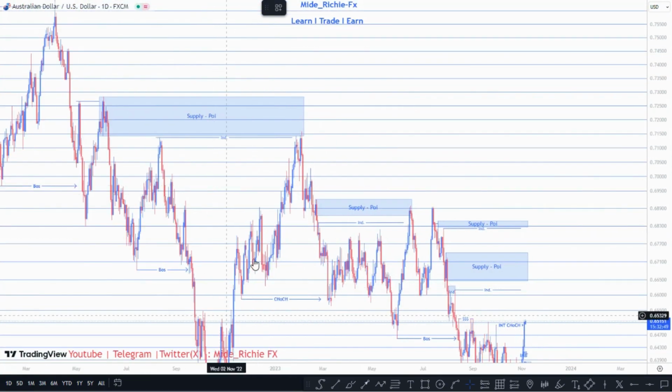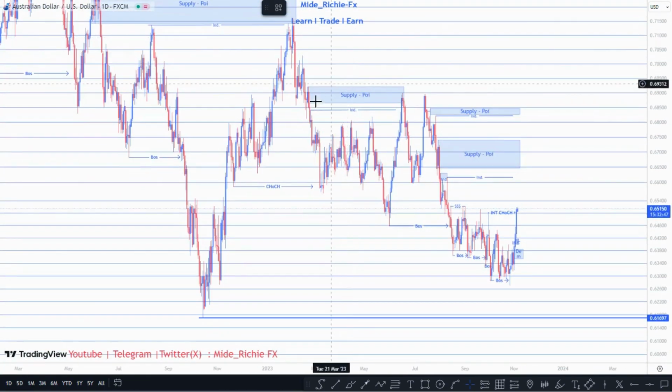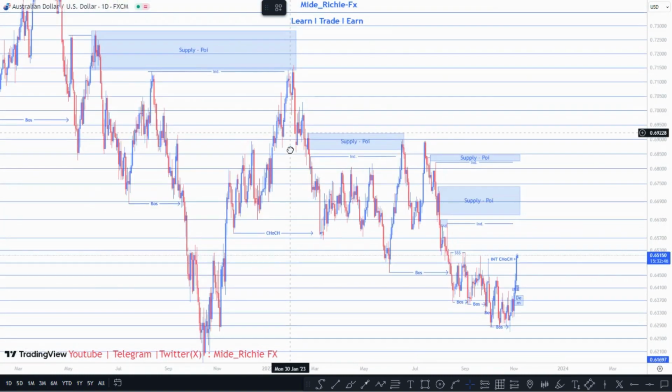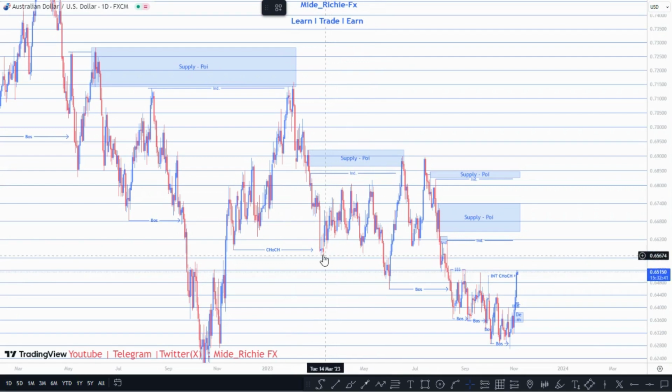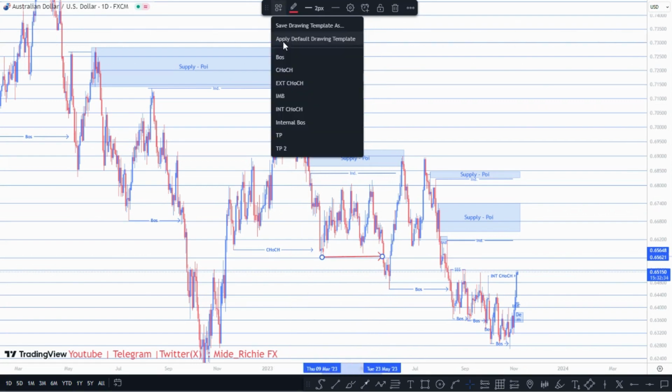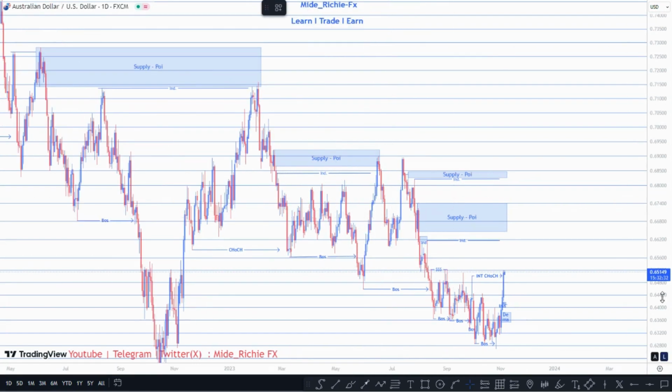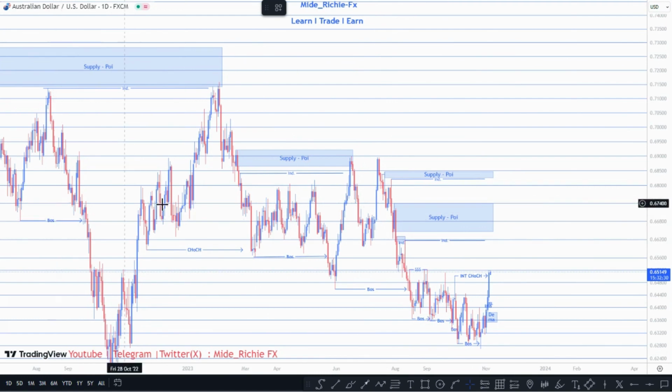And that break of structure to the downside, indication of a supply zone again. Then after the mitigation of this supply zone, we had a very nice change of character, right? And after that, we had a very nice break of structure for the market to come back and take out this low. We had a nice BOS right there.